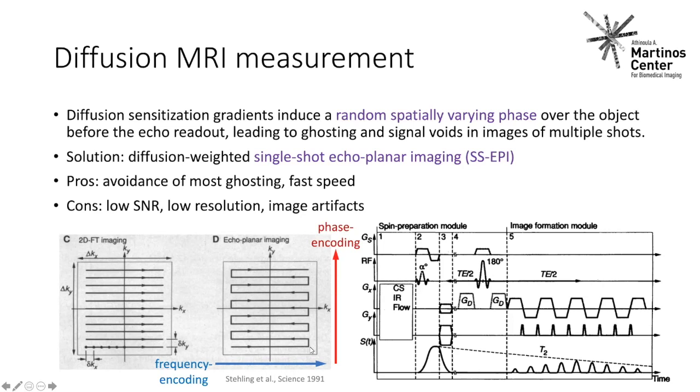So any phase error accumulated in one line in the frequency encoding direction is small. But if we look at the k-space data in one line in the phase encoding direction, the sampling time along the phase encoding direction is very, very long because it goes through all shots. So any phase error accumulated along the phase encoding direction will be huge. So almost all the image artifacts of EPI are along the phase encoding direction.